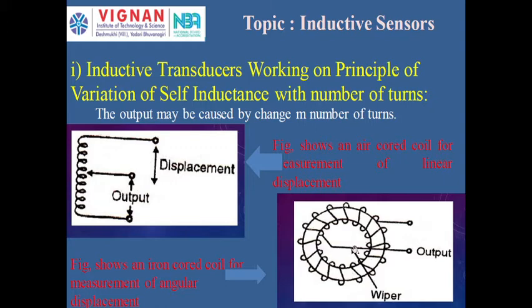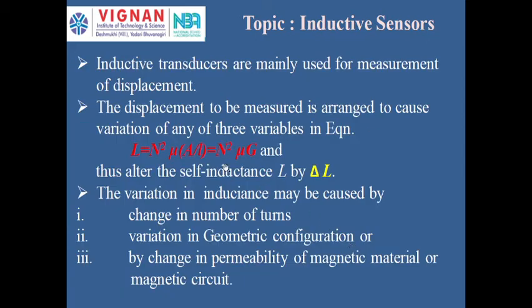As this output wiper changes, the number of turns of the coil changes, which in turn changes the inductance, which in turn changes the EMF produced in the coil. We'll see what the EMF is: V equal to L dI by dt. So as the inductance changes, the EMF induced also changes.